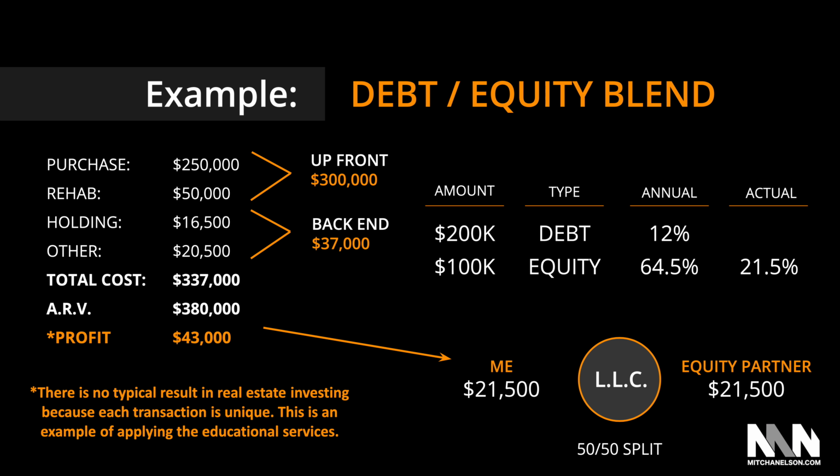So debt is lender, equity is partner. You're the investor, okay? So don't ask people to invest with you. You're going to find yourself wearing an orange jumpsuit if you do that too much and something goes wrong. So make sure you use the vernacular that's going to keep you safe, that's going to keep you compliant with the law. Your equity relationship is a partnership, and your debt relationship is a lender.